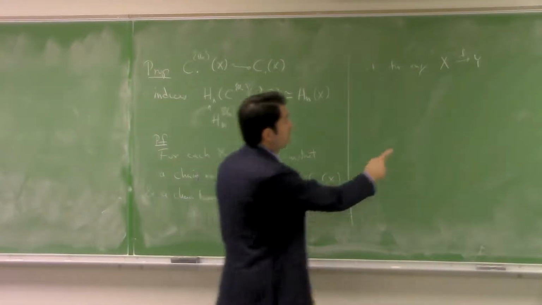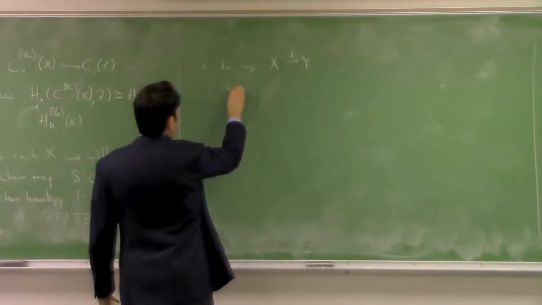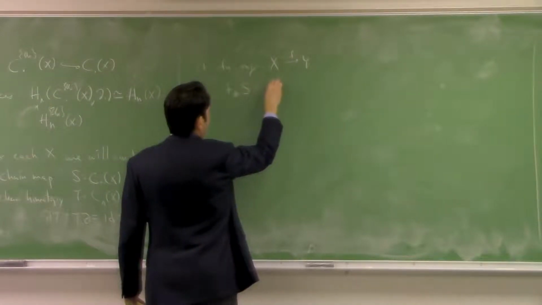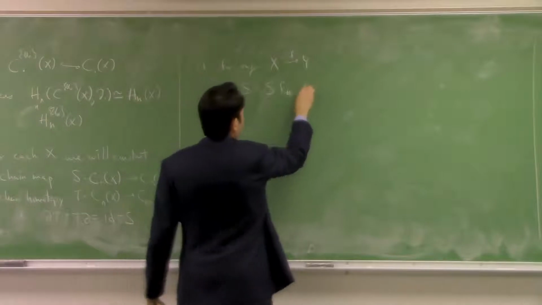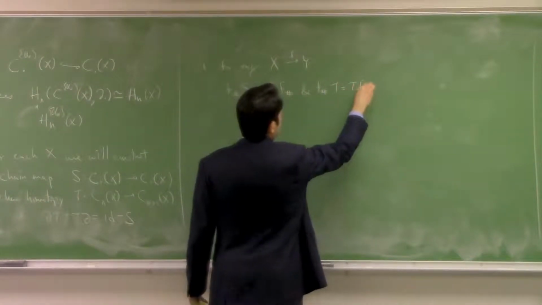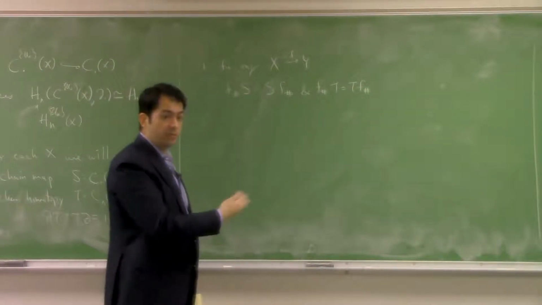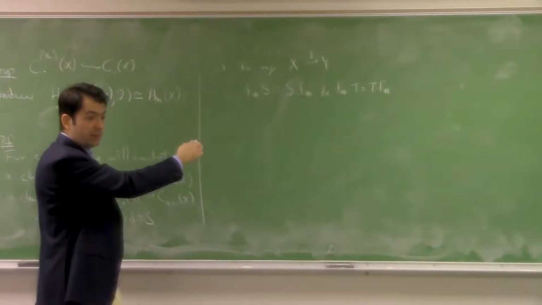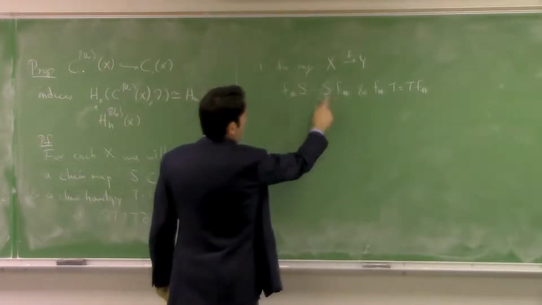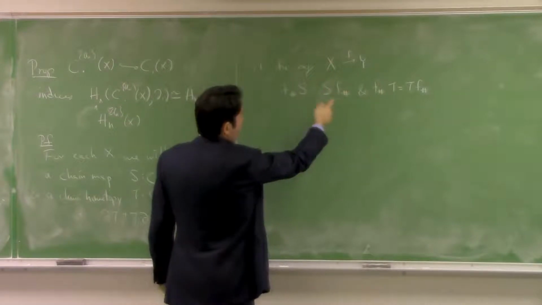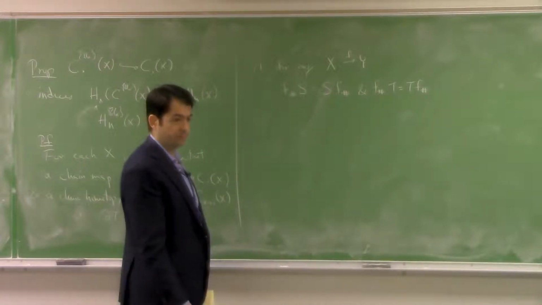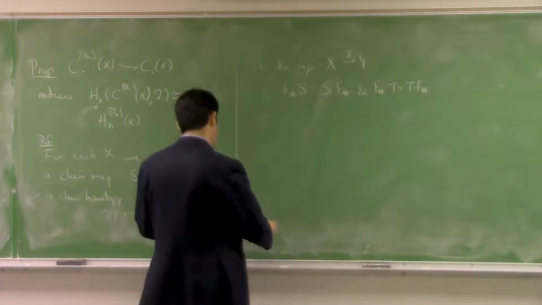So what that means is that anytime you have a map, we're going to have the induced map intertwine the two copies of S and the two copies of T. Right. So it doesn't matter if you subdivide and then map to Y or subdivide when you're mapping into Y. This map will take one way of doing it to the other way of doing it. Okay.